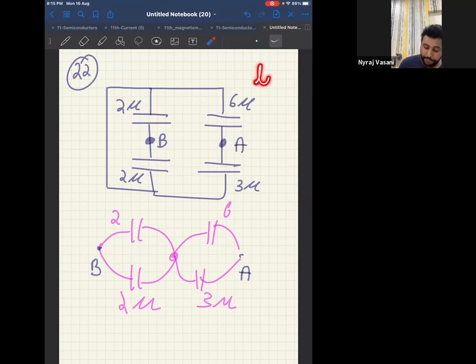Answer will come as B. If you're getting that, then the answer is correct. If you're getting any other answer, your answer is wrong. Answer has to be option B, B for Bombay.